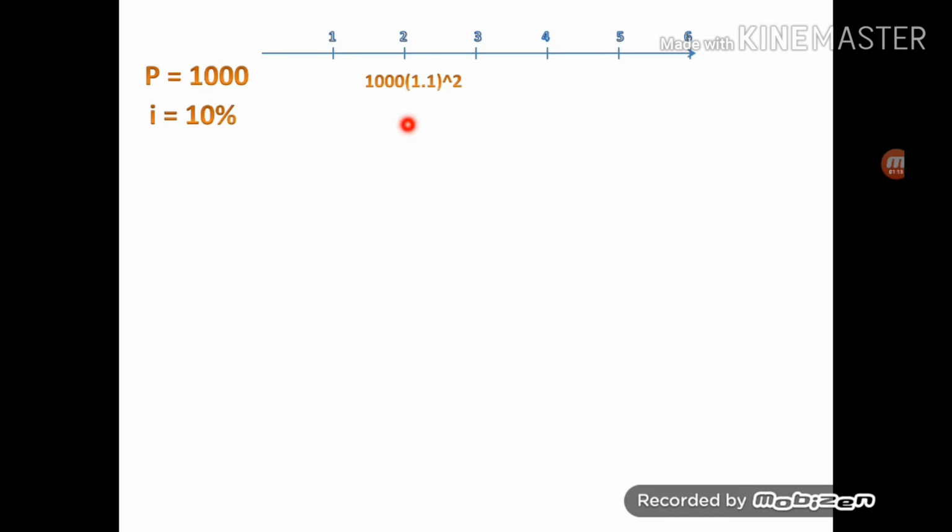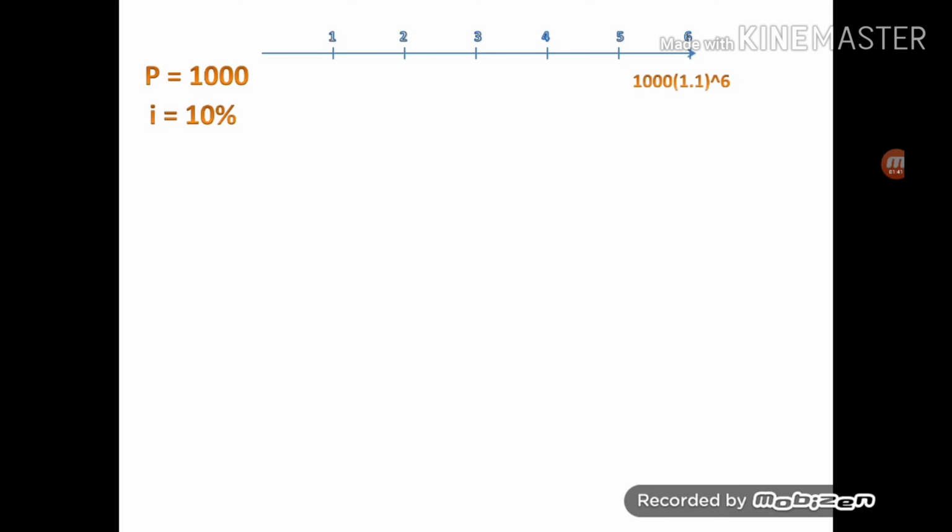And at the end of the third month, this amount of money again will be multiplied by a factor of 1.1 because it is going to earn another 10%. So we will have 1,000 times 1.1 cubed. And of course, on the fourth month, we have that value. On the fifth month, we have that value.